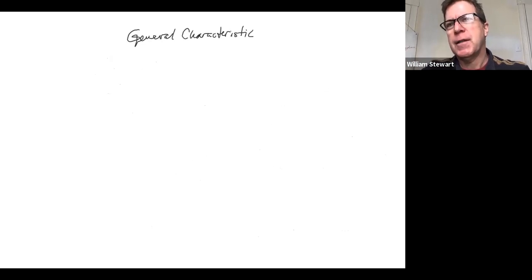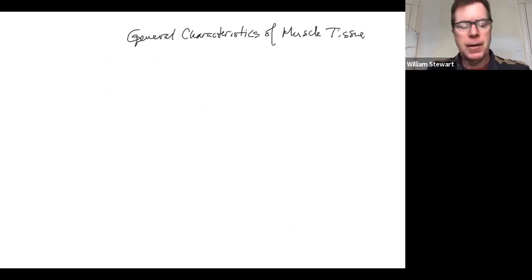General characteristics of muscle tissue. I'm just going to list these terms and speak about each one individually briefly. The first one is excitability.